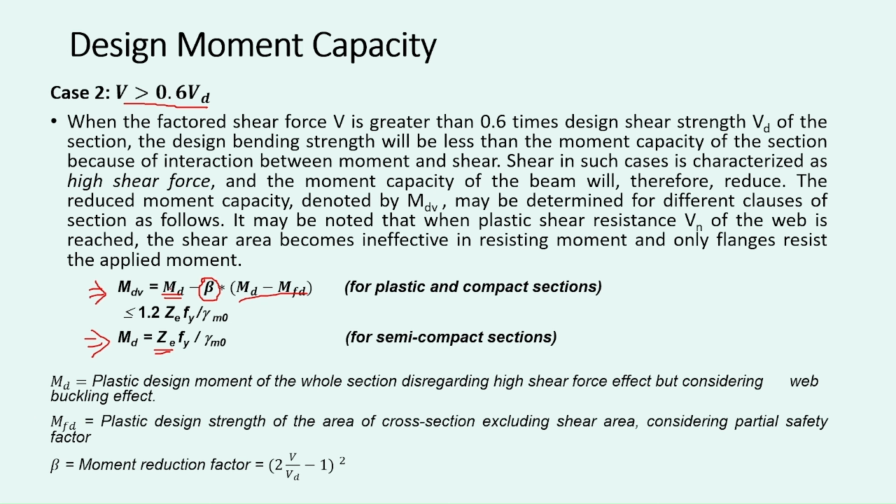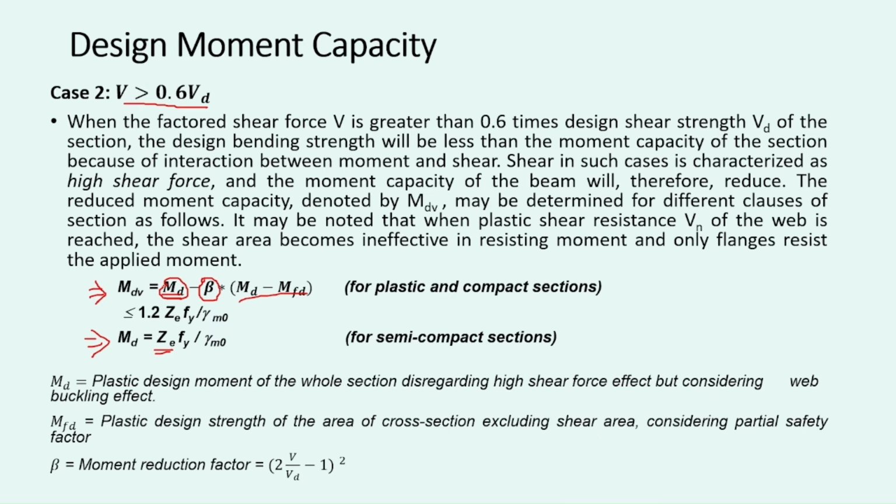And whatever that Md we are getting, we need to reduce it by a factor of β times (Md minus Mfd). What is Mfd? Plastic design strength of the cross section excluding the shear area, considering the partial safety factor. So what the code is saying is that whenever there is high shear force, my web will be ineffective in taking that moment, because my web is busy taking that high shear.